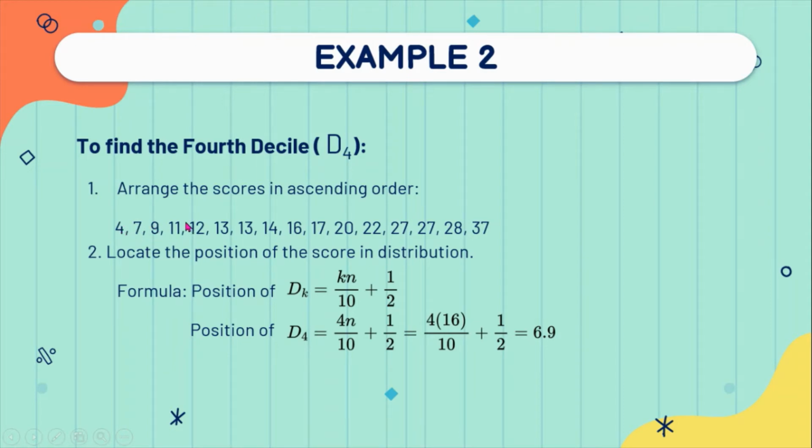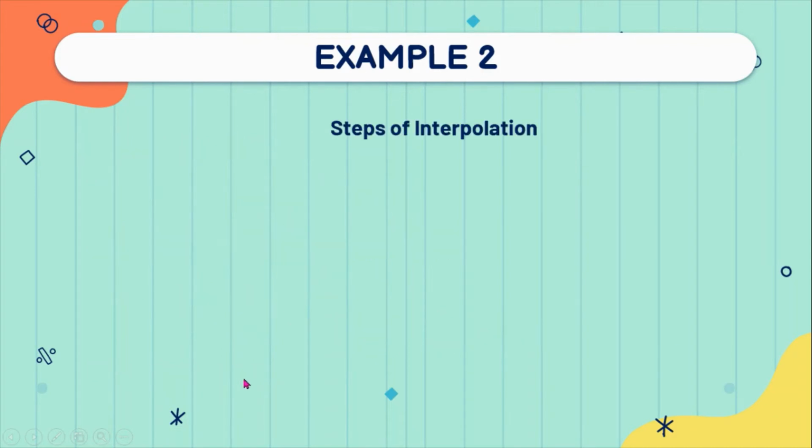We just have to substitute n. That's 4 times 16 over 10 plus 1/2, and that is 6.9. And for the last step, interpolate the value.